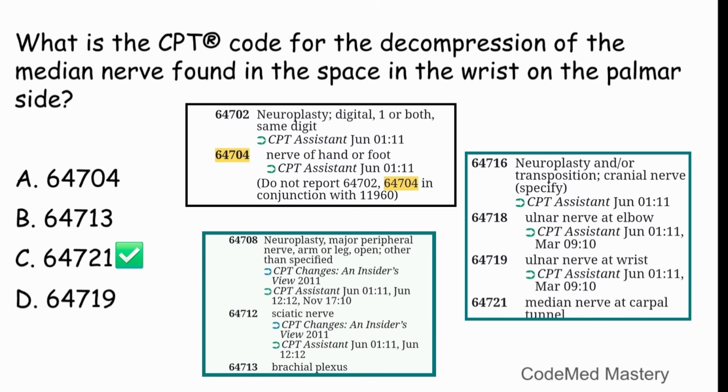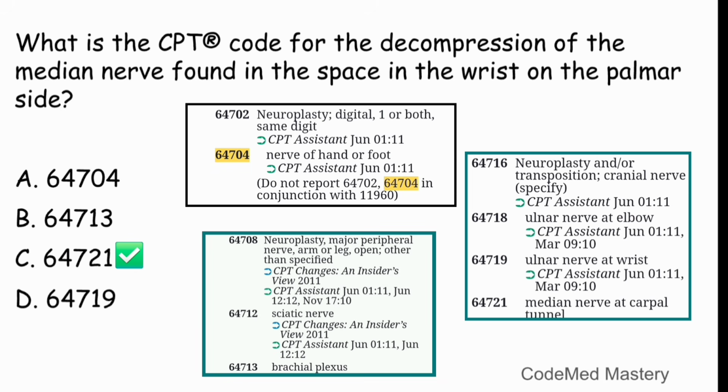The code 64721 matches the question because it describes the procedure of decompression of the median nerve at the carpal tunnel, which is a specific space in the wrist on the palmar side. Therefore, the correct code is 64721.